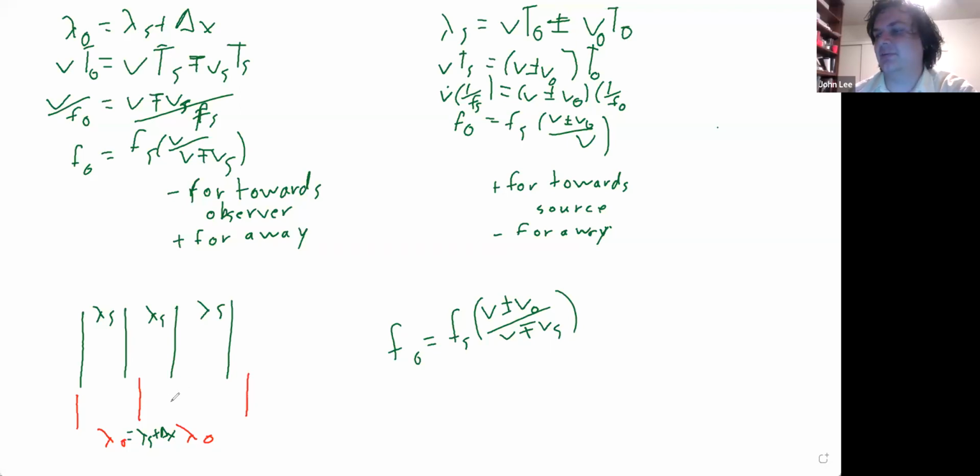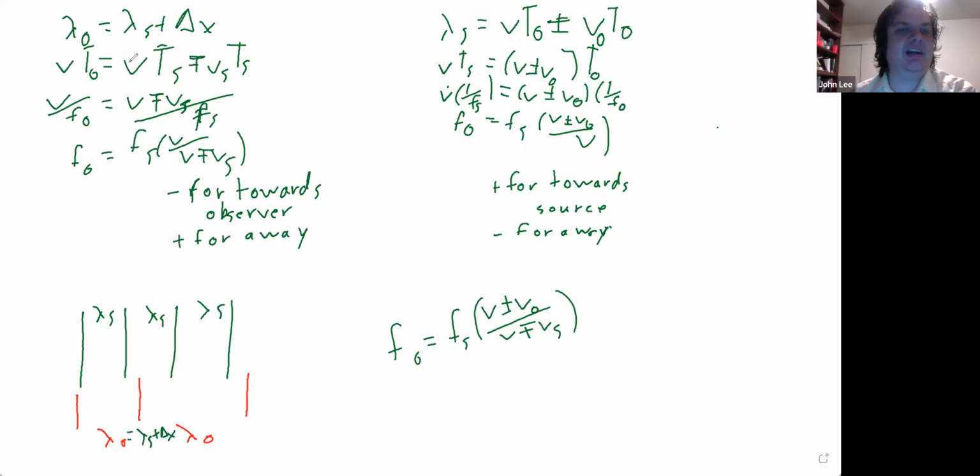So if the source is moving away from you, then between each crest of the sound wave, there's an extra distance that it has to travel, which is equal to delta x, which is equal to the velocity of the source times the period of the source.